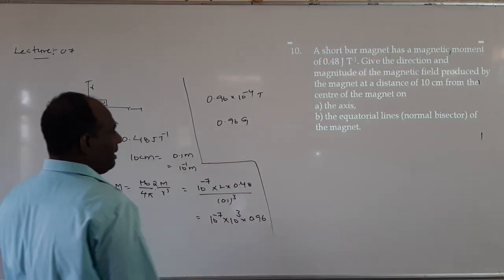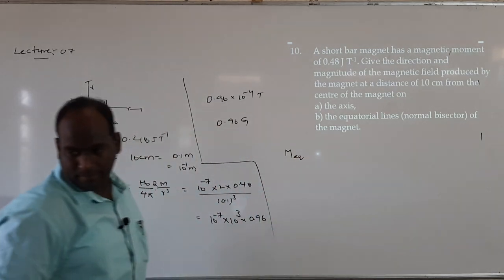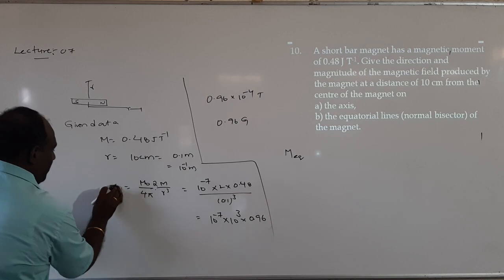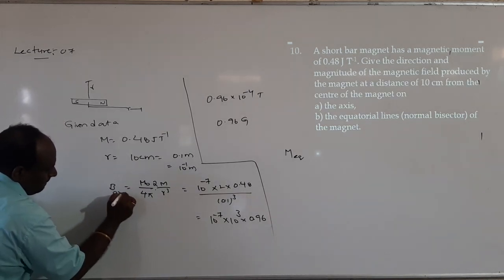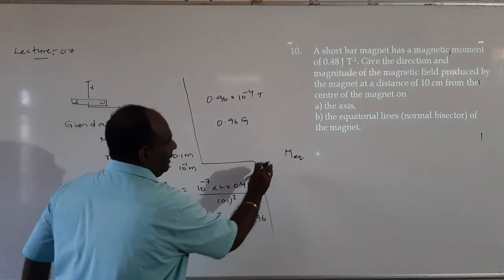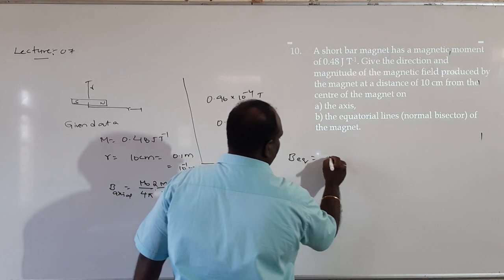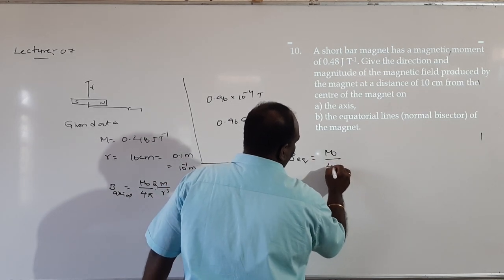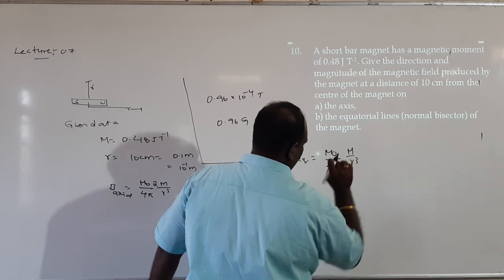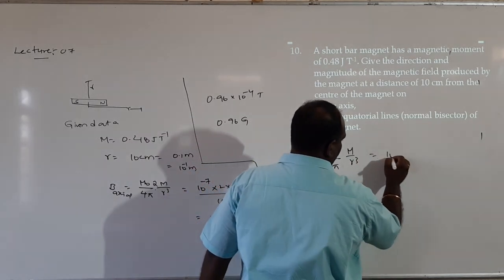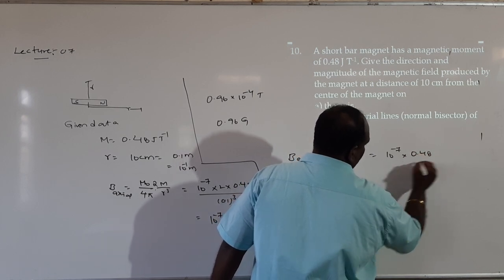Now I am going to write the magnetic field along the equatorial line. So better to write B axial, B equatorial. B equatorial, what is the formula? Mu naught by 4 pi into m by r cube. Here mu naught by 4 pi value is 10 power minus 7. M value is 0.48. This is already here.